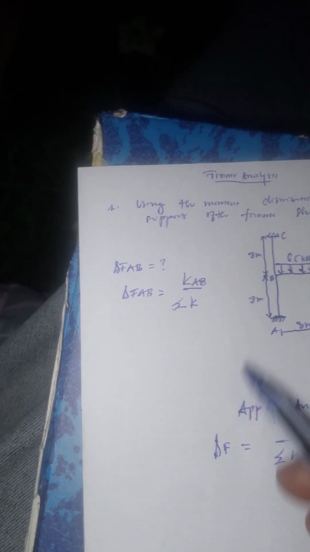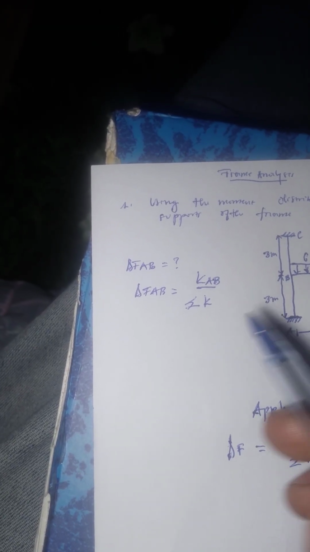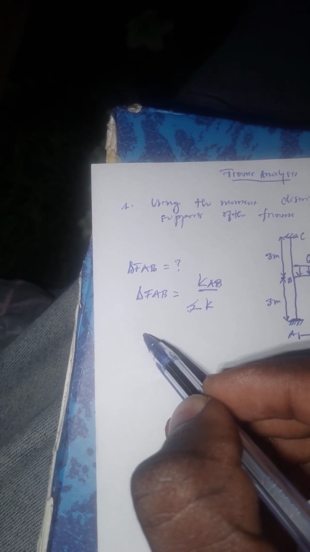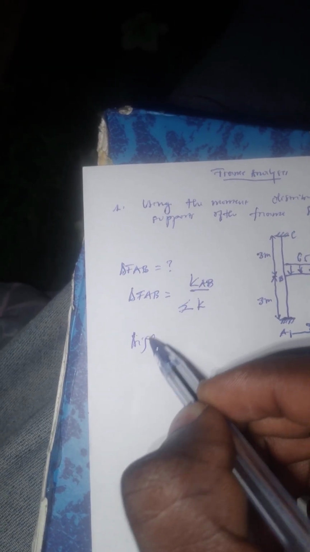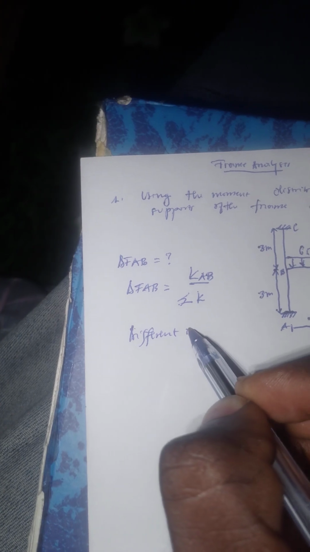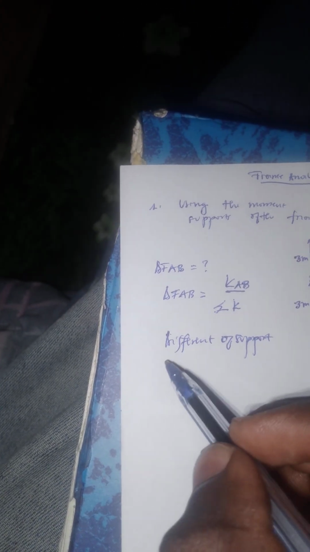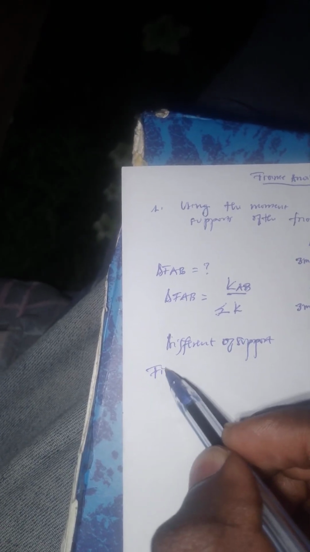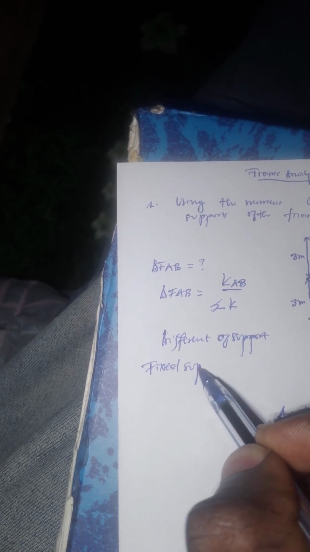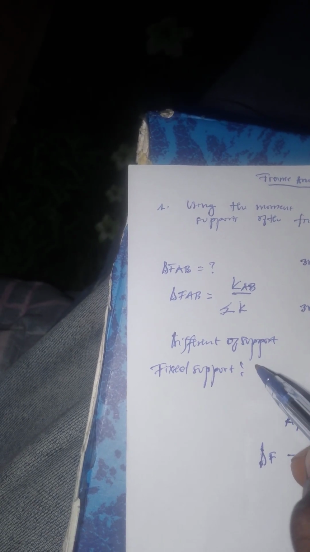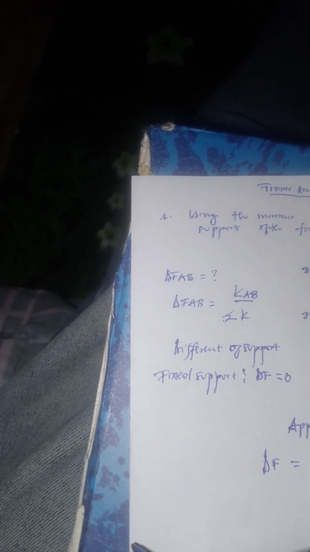But here we focus on the different types of support. When we have a fixed support, the distribution factor must be equal to 0.